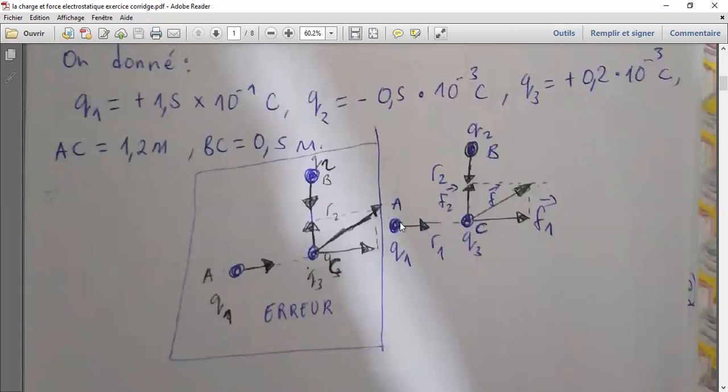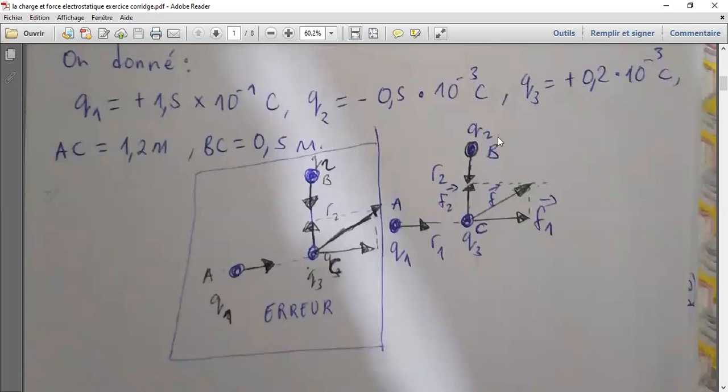It's vector U1, showing the direction of the force exerted towards Q3. Since it's positive, when you exert a force on Q3, you create a force F1 which is going outside, because there will be a repulsion taking place here.